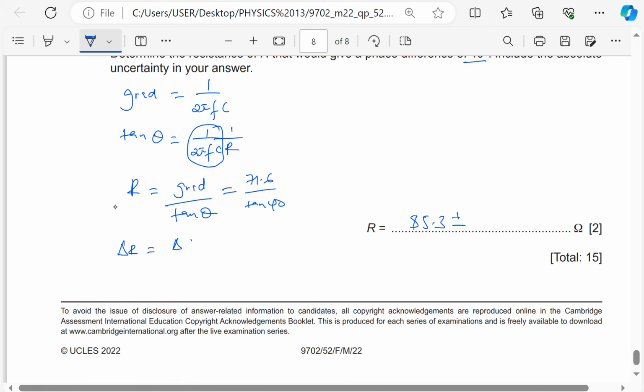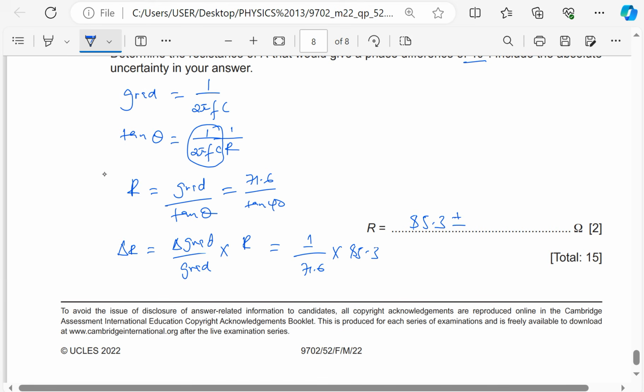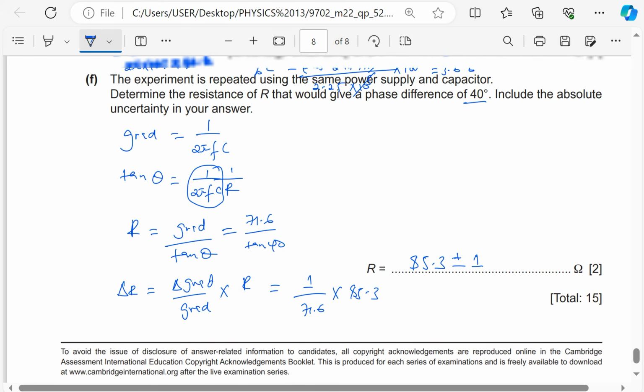So this will be the absolute uncertainty in the gradient divided by the value of the gradient, then times the value of R. So this is 1 divided by 71.6 times 85.3, which gives us plus or minus 1. So that is going to be the absolute uncertainty in R.